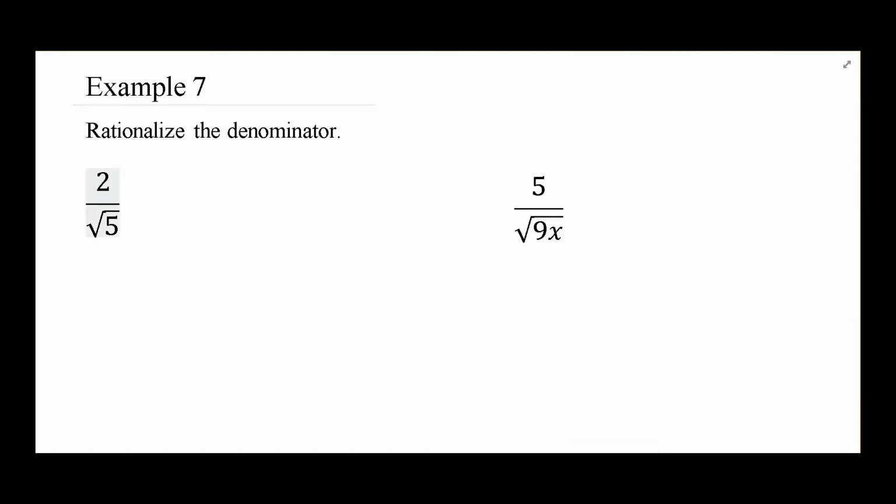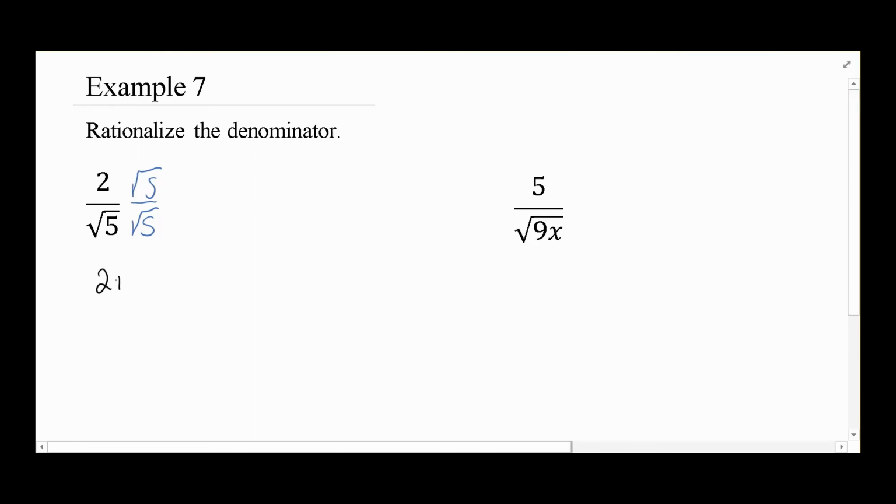Well, what does it mean to square something? Well, it means to multiply it by itself. So it'd be sure nice if I could just multiply by the square root of 5. Well, I can't do that, but what I could do is I could do it on both the top and the bottom. In doing that, I'm multiplying by 1.